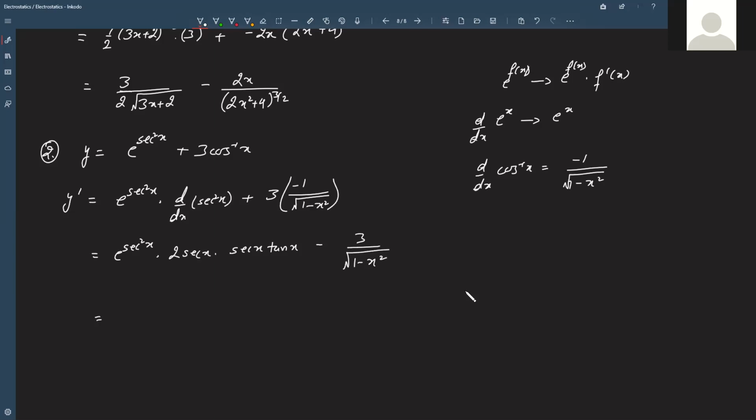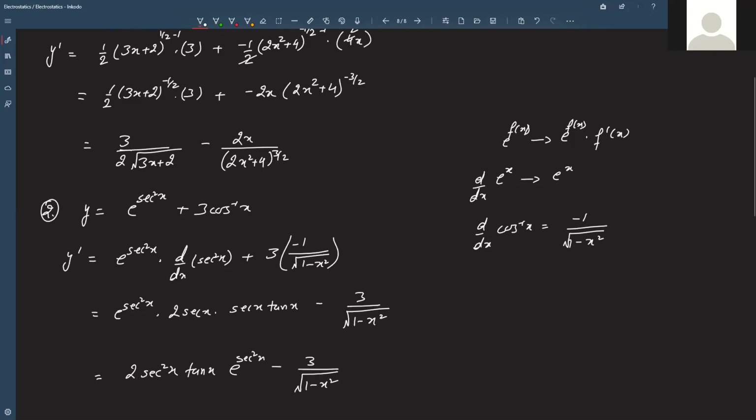So this becomes 2 secant square x tan x e to the power secant square x minus 3 divided by root of 1 minus x square. Right, so that is the second question.